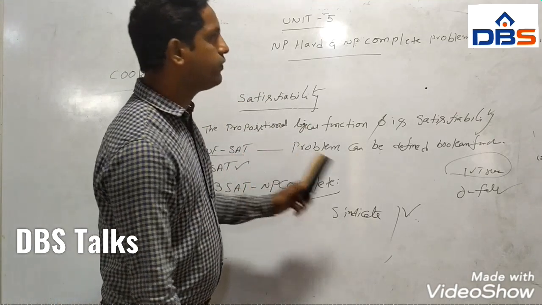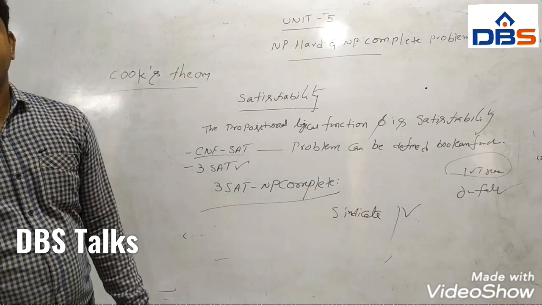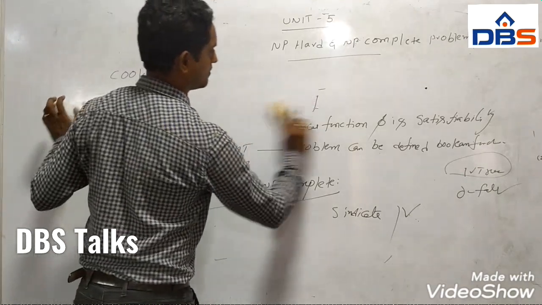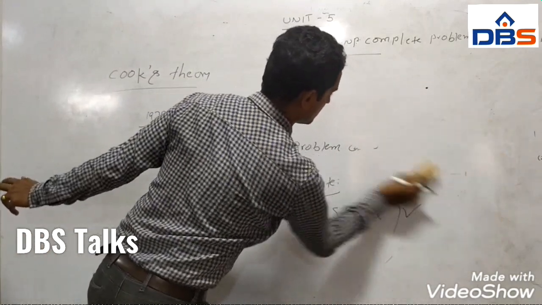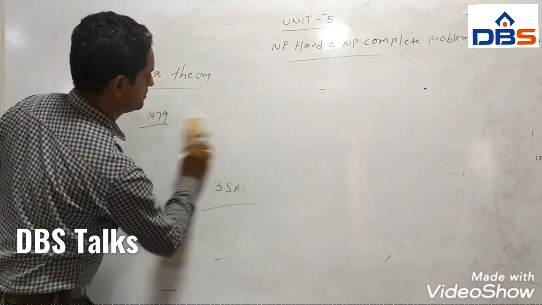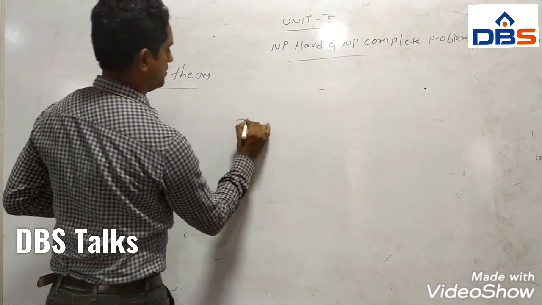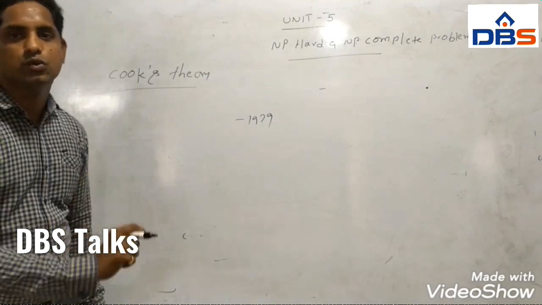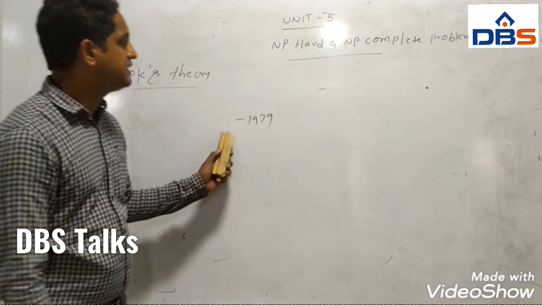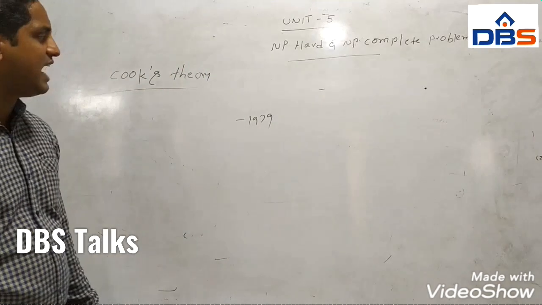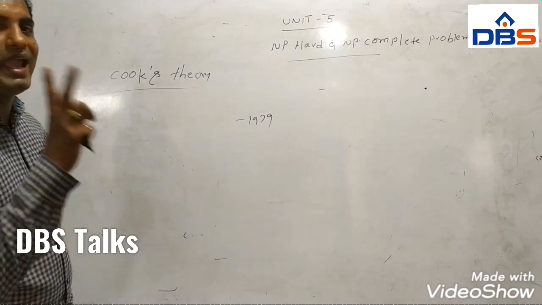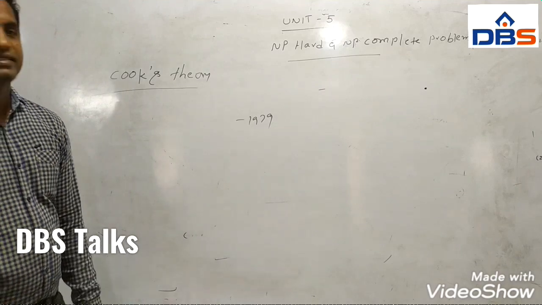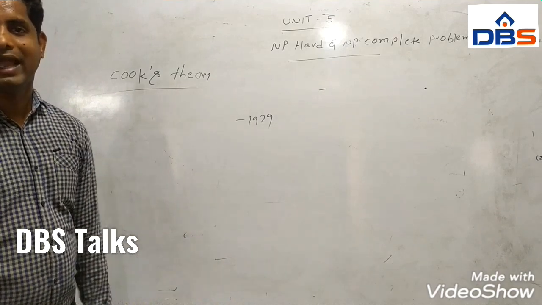Okay. Now we go for Cook's theorem. In 1971, Stephen Cook worked on the satisfiability problem. In the satisfiability problem, there are two main properties. If the two properties hold, then we can say Cook's theorem is obtained.